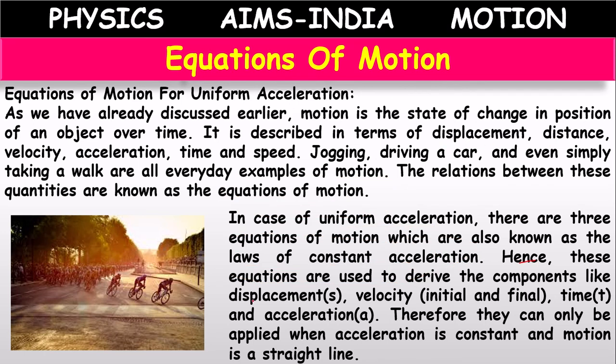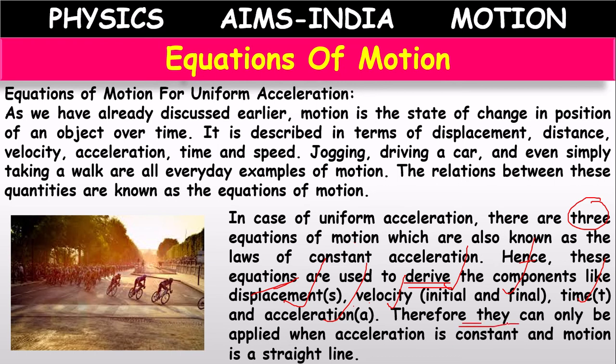These equations are used to derive components like displacement, velocity, it may be initial velocity or final velocity, time, acceleration. If any one of these quantities is unknown, then we can find it with the help of equations of motion.